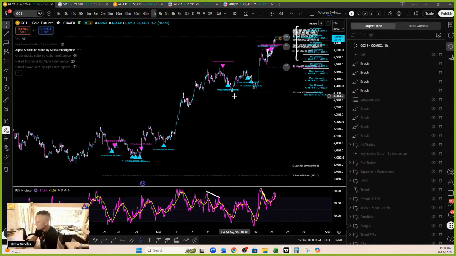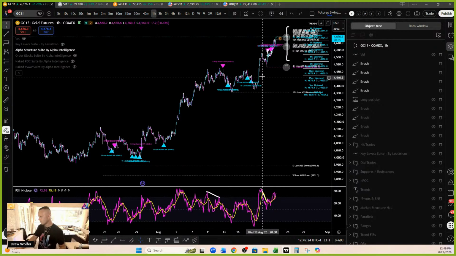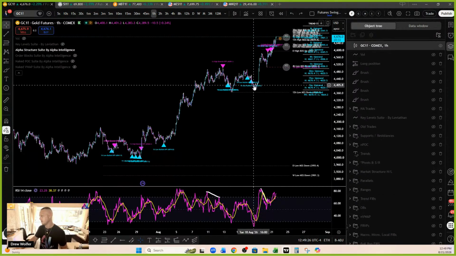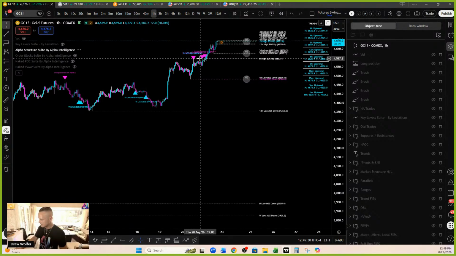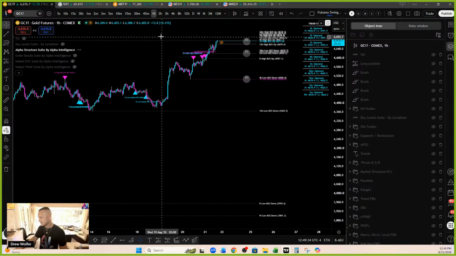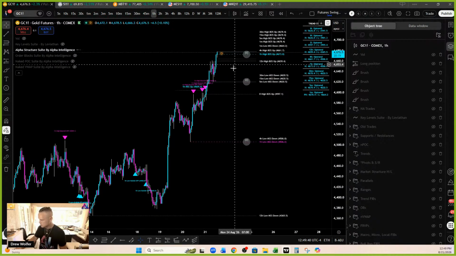This trend really started right here and right here, okay? That's why those swing failure patterns matter, but you have to be very cognizant of them, because that doesn't mean that you're going to get a massive move every time it prints. You might get a really small, tiny move like you did here because you're in this massive uptrend.